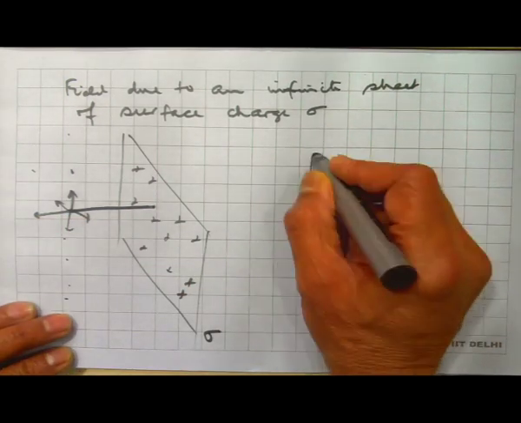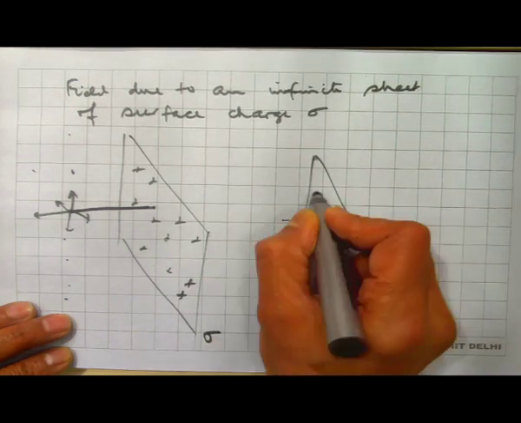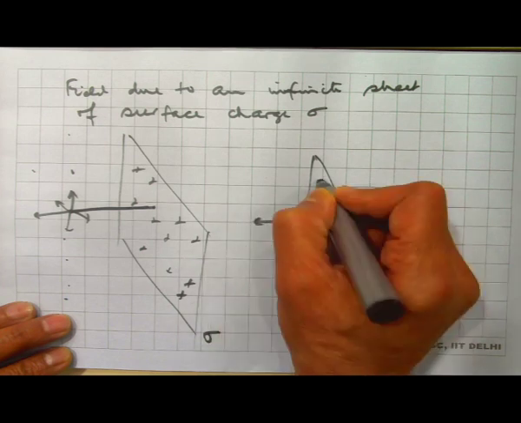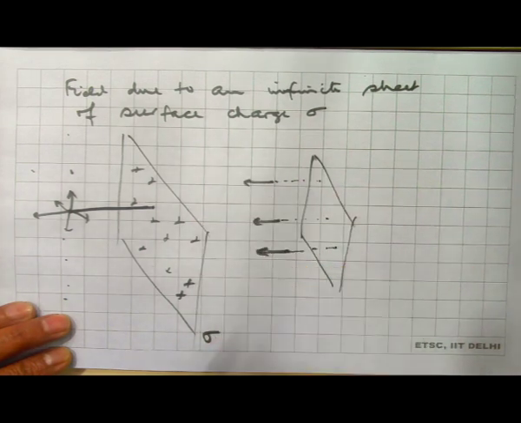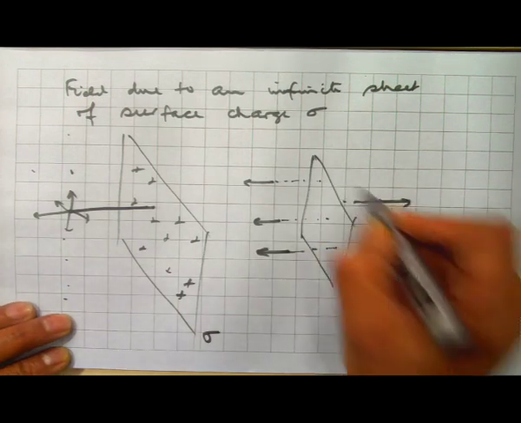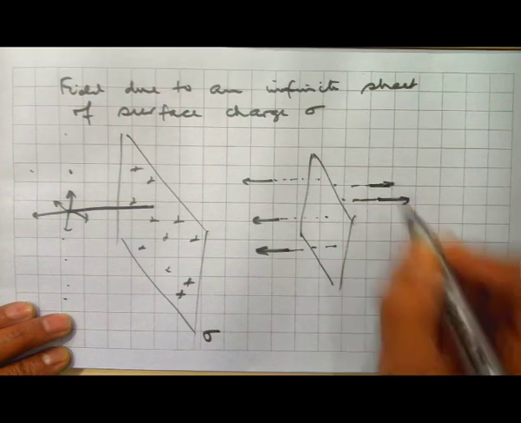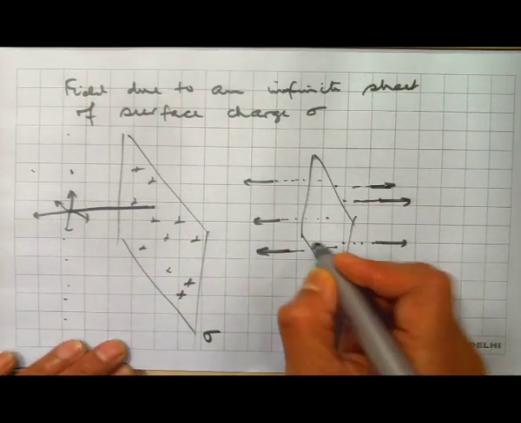So, if I again draw the surface charge distribution, then at any point here the electric field has to be like this, at this point it will be like this, and so on. And similarly, on the other side, and this is positive.